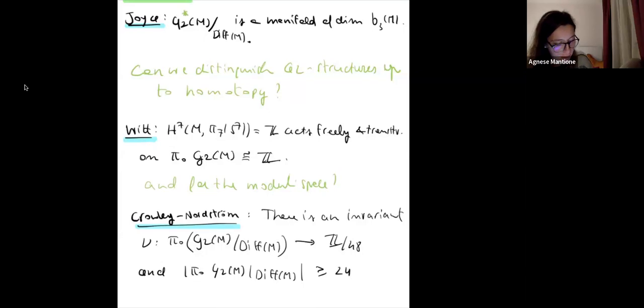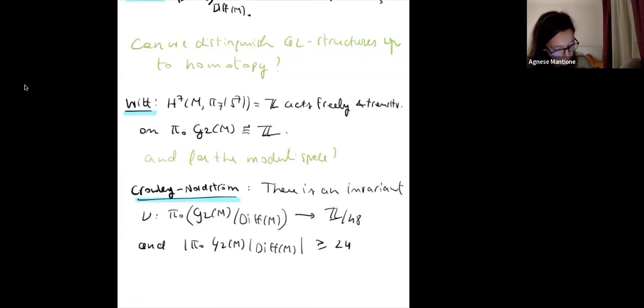And once one mods out the diffeomorphism group, the cardinality of the group is still non-trivial. For example, it can be shown that it's at least 24, and for specific manifolds, it's equal to 24.